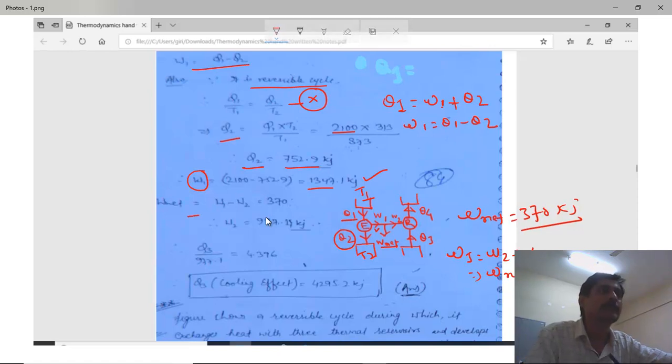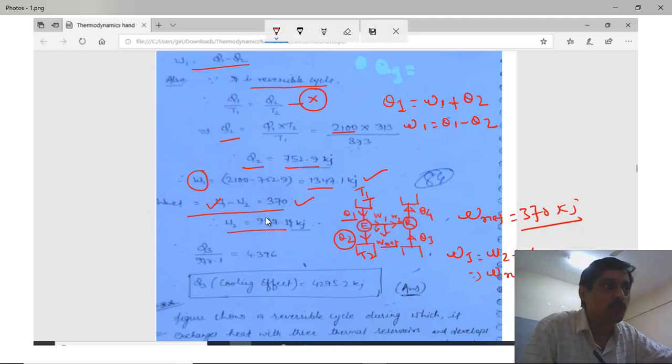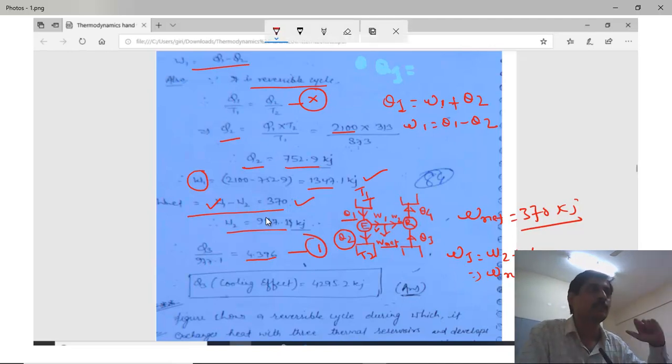W net is 370 and W1 we have calculated, so W2 is equal to 977.17 kilojoule. We already found that Q3 by W2 is equal to 4.396, calculated in the previous slide. From here, the cooling effect Q3 is equal to 4295.2 kilojoule. So in this problem, the cooling effect, the refrigeration effect, is 4295.2 kilojoule. This is the answer to this question.